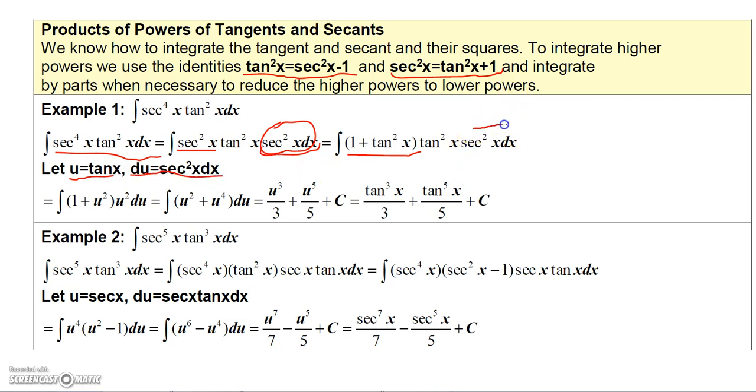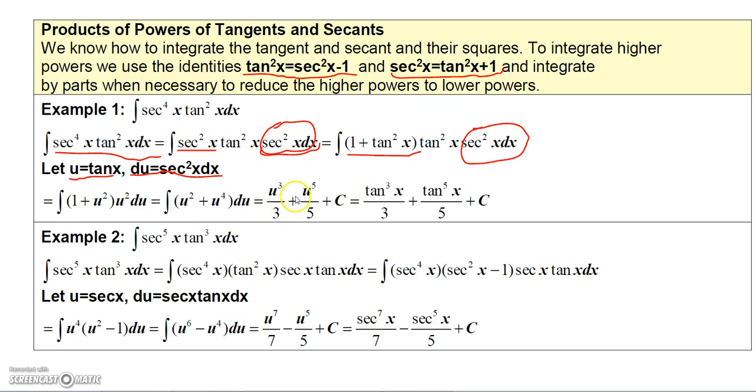So that way this part right here is my du, and then the rest I can write as polynomials, where I have 1 plus u squared times u squared times du. Then I can distribute the u squared, and I get u squared plus u to the fourth du, and then integrate these with the power rule.